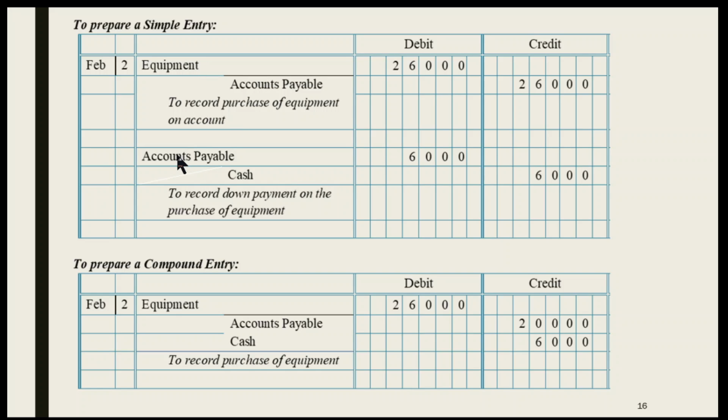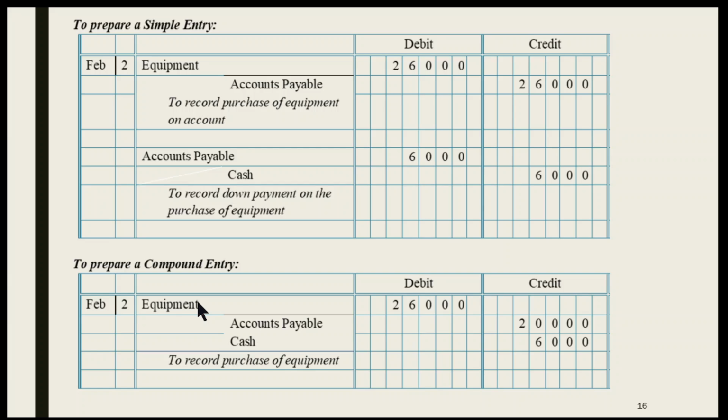Another one, debit accounts payable, credit cash. But if it is a compound entry, it means that either the debit side has more items compared to the credit side, or the credit side has more items than the debit side. So the simple definition is that there's more than one debit or more than one credit.